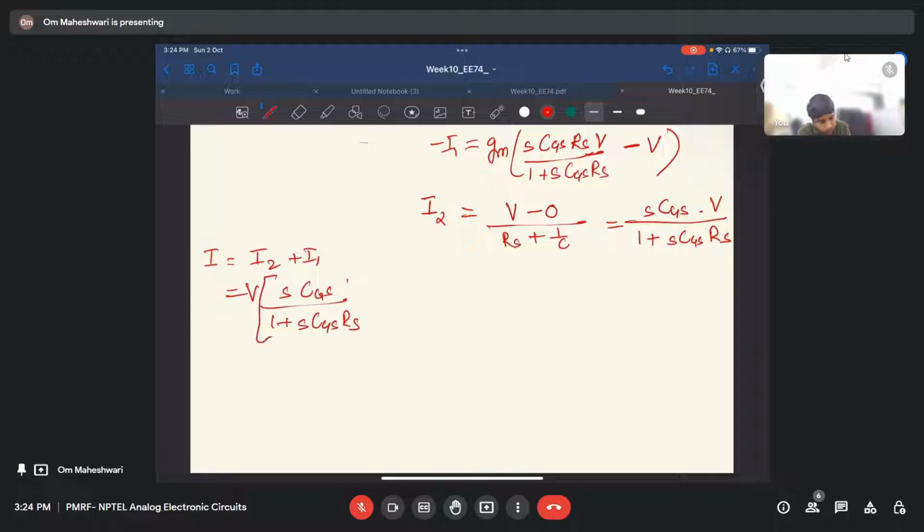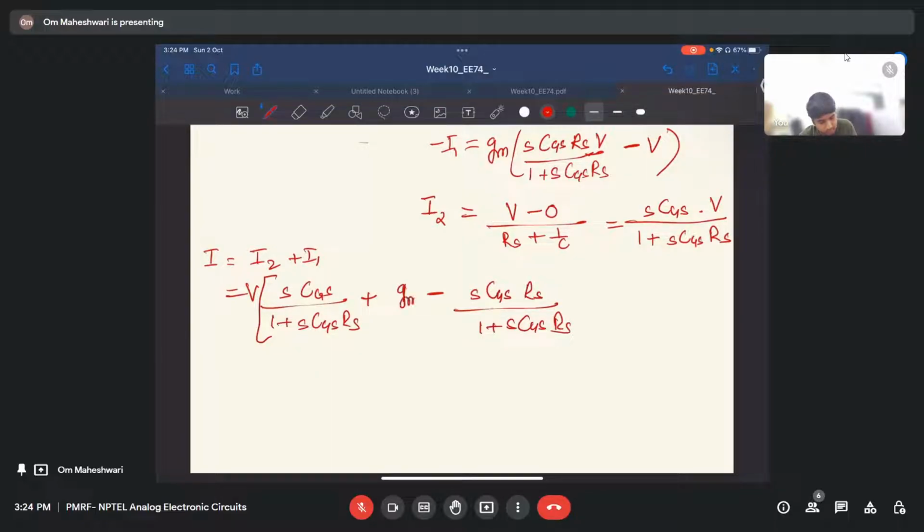Just take V common plus V, which is simply 1 minus SCGS RS divided by 1 plus SCGS RS.